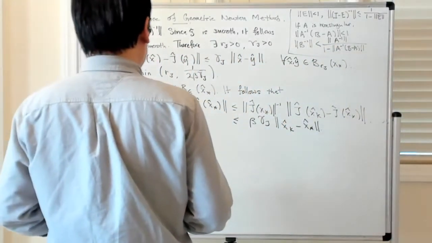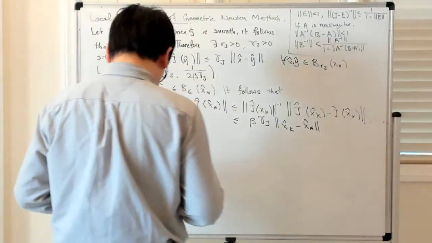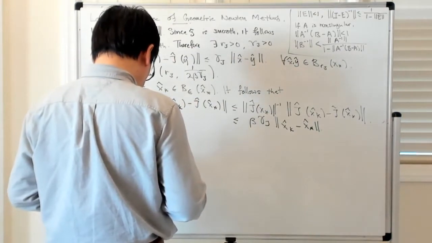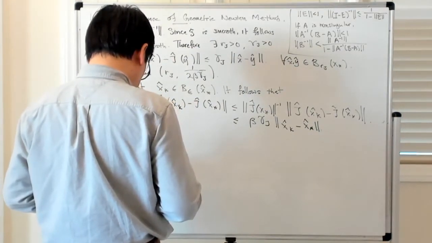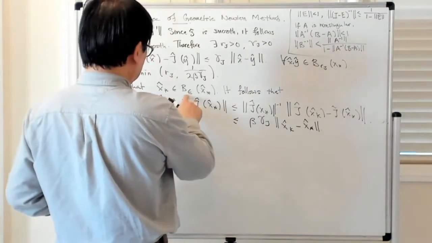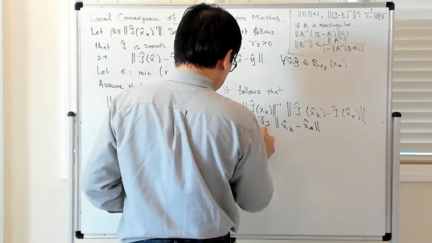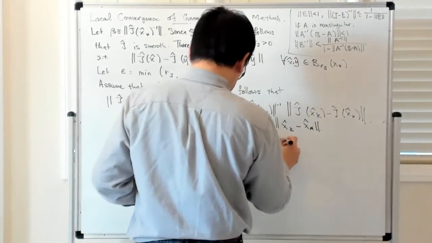And this is again contained in a ball of radius epsilon, so this is less than or equal to beta gamma J epsilon.